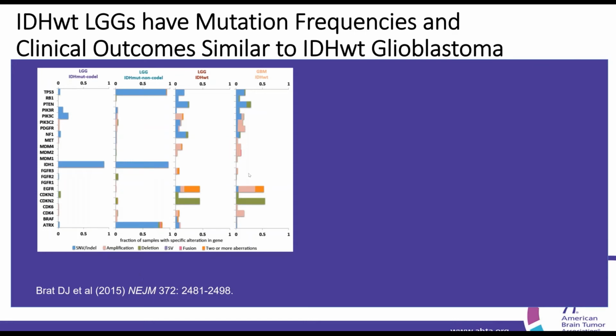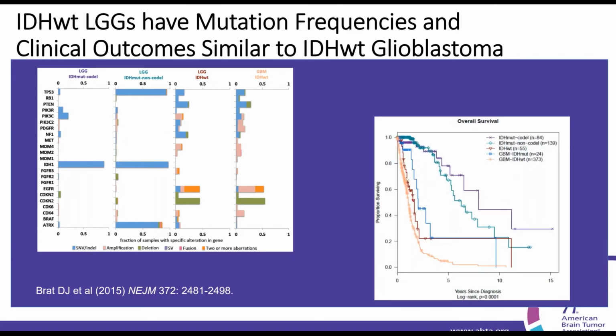Carrying this one step further, it was recognized that these tumors that looked lower grade under the microscope but had the same molecular profile as IDH wild type glioblastomas actually had the same clinical outcome as glioblastomas. So there's a subset of tumors that we thought were grade 2 and grade 3 that actually were grade 4 based on our current knowledge of molecular profiling.